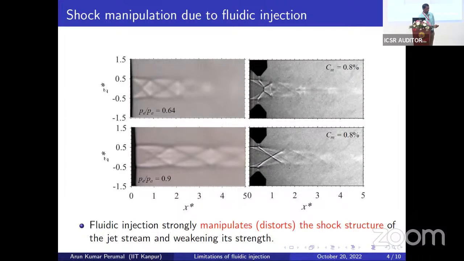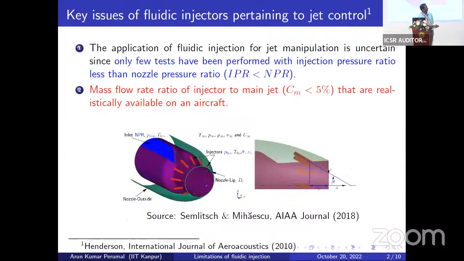As I said in the first slide, most of the works were focused on this IPR, which was pretty much greater than the nozzle pressure, and the diameter was like 0.08 or something. But they haven't looked into why they kept a diameter of 0.08 and why they didn't vary the diameters, and haven't looked into the constraints of these two things. So this work focused on those limitations.